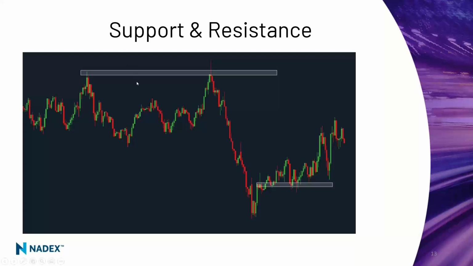But you can clearly see that when it got up to this one particular level, for whatever reason, sellers stepped in, and you can put these on your charts and draw them and say, hey, when it gets to this level, I might want to be aware that sellers might step in. If I'm in an uptrend, I might want to ride it until it gets there, and that might be my exit point.